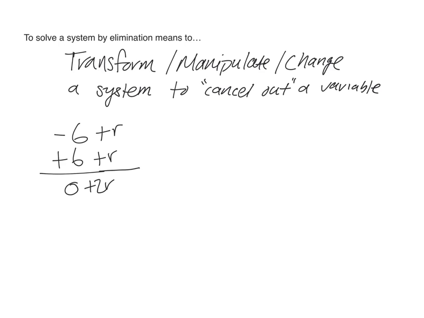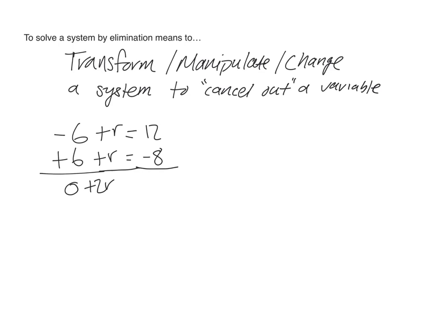Okay. Now we're going to add another step. Equals 12 and equals -8. Okay, so now we're adding those two equations together. So -6 plus 6 is still 0. R plus R is still 2R.